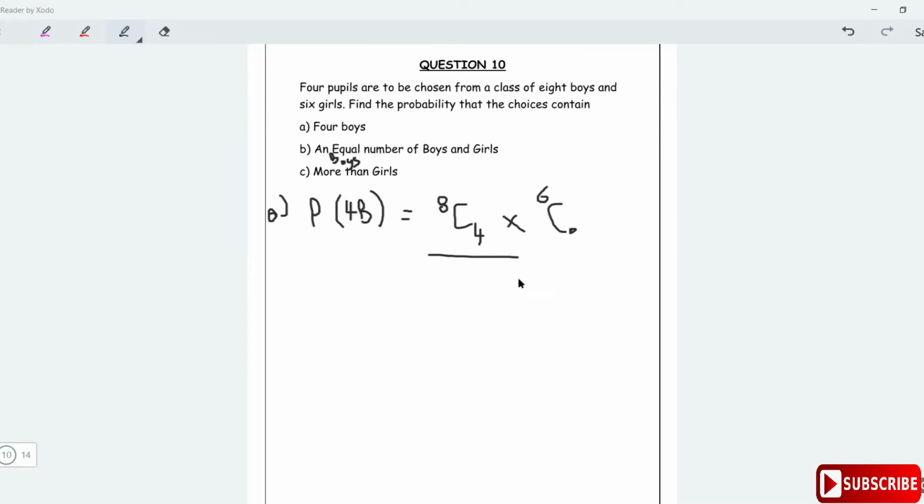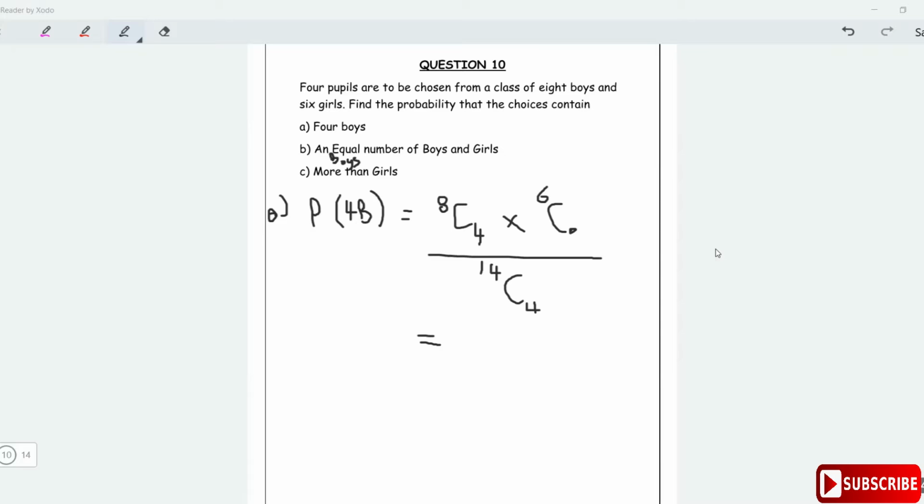And that means you're dividing by the total number of students, which is 8 plus 6, which is 14. And then you're choosing 4 in total. That would be the probability of choosing 4 boys. Of course, we go for our calculator and we work that out, which is 8 choose 4 multiplied by 6 choose 0, then we divide that by 14 choose 4.